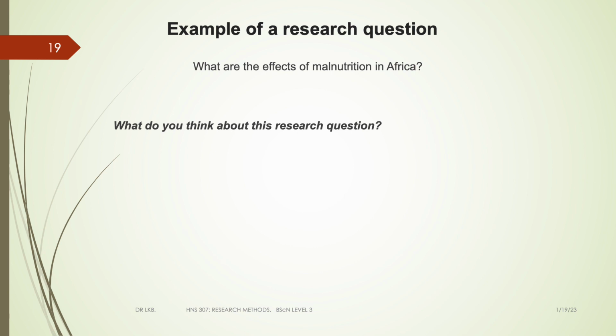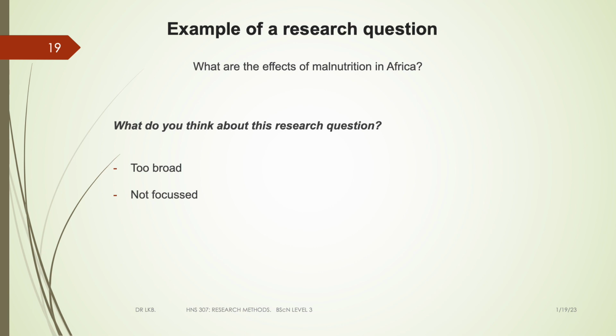Okay, let's see whether we were able to identify similar thoughts. When you look at that research question, it is too broad. Would you be able to look at malnutrition in the whole of Africa? And then the effects of malnutrition. Is it financial effect? Is it growth?